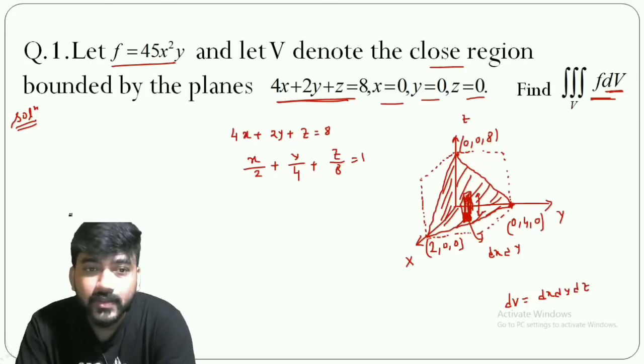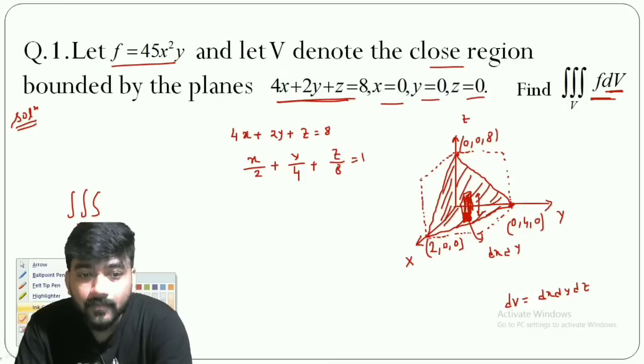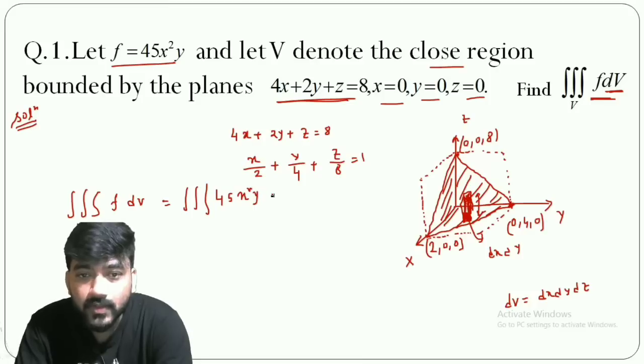So what will be the integration? If we want to solve this volume integration, the integral of f dv is nothing but the volume integration of 45 x square y into dx dy dz.